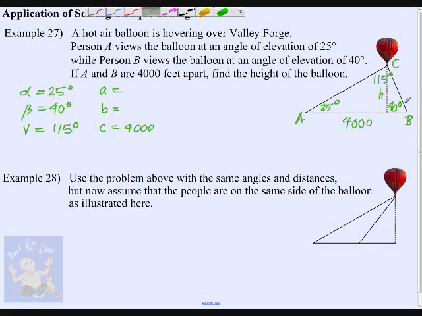First, let's find this one. What is this length here? Of course, that will be A. So we're going to recognize this is what we want to find in our first step.